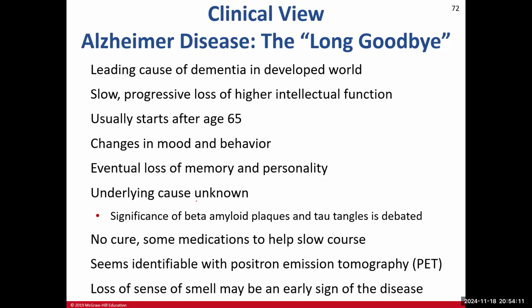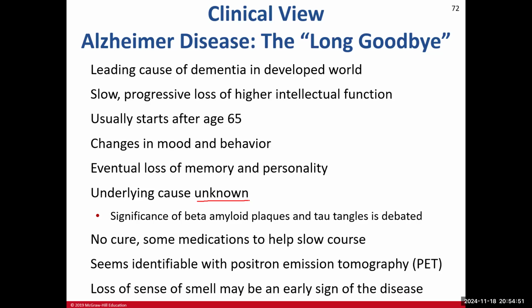Basically, we still aren't 100% sure as to the cause of Alzheimer's. It's said to be idiopathic. When I was in med school, the forefront theory was beta amyloid plaques, which are protein plaques that get deposited in the neurological tissues of your brain, along with tau tangles, as the cause of Alzheimer's.